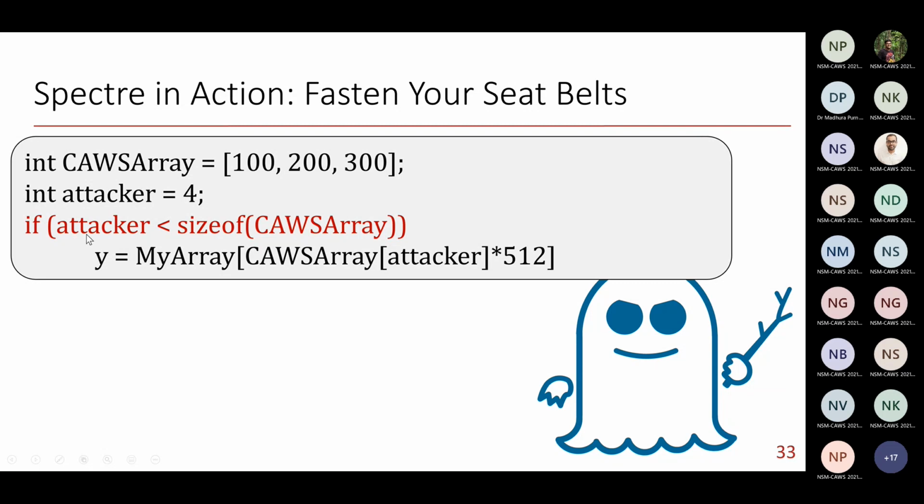Okay, so this if condition checks whether the value of attacker, which is 4, is less than the size of this cause array, right? And the size of the array is actually 3. That means this particular statement is actually false. So the program should not access all these arrays or any statement after the if statement, right?